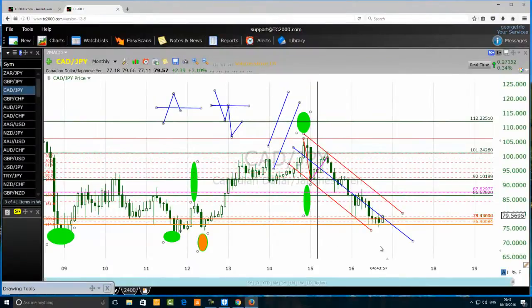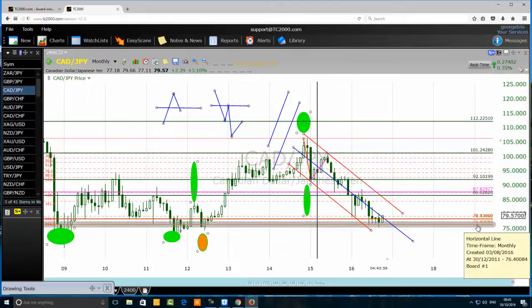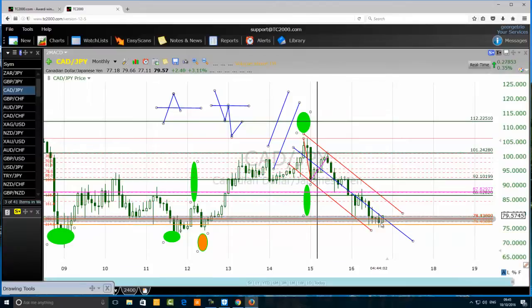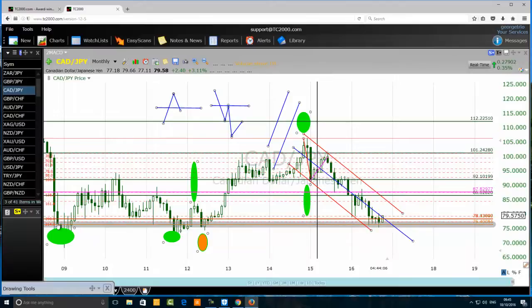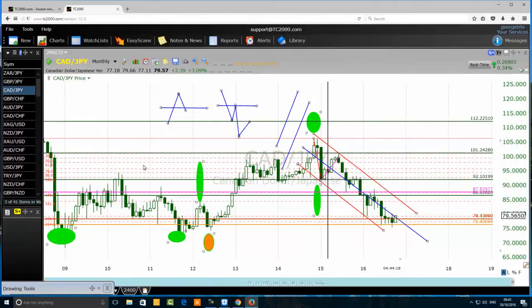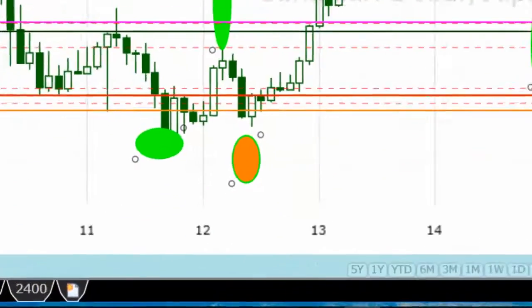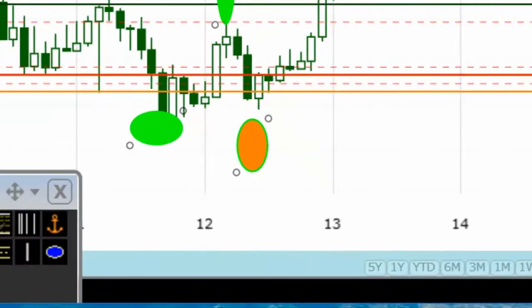So the zone of 7640 for the Canadian yen is a support level, because each time the price reaches that zone it finds support, and here we see a bullish chart pattern confirming that the 7640 level is a support level.